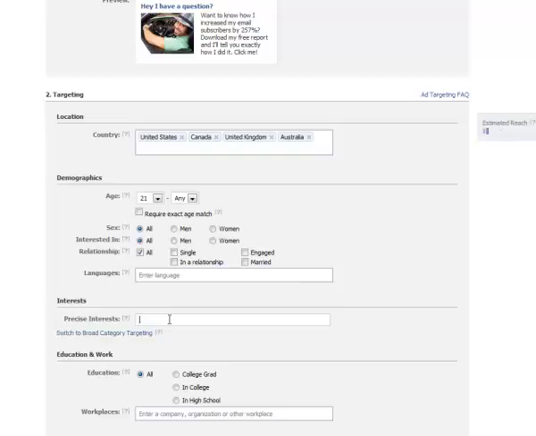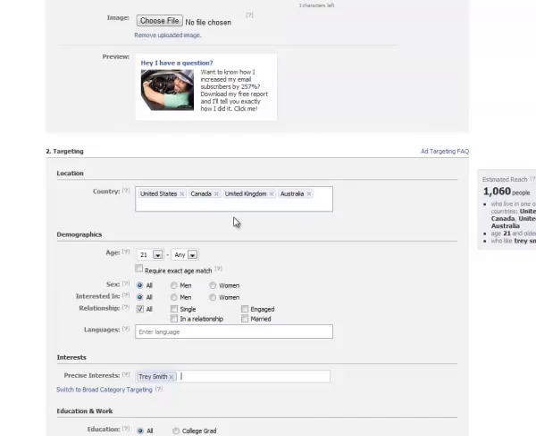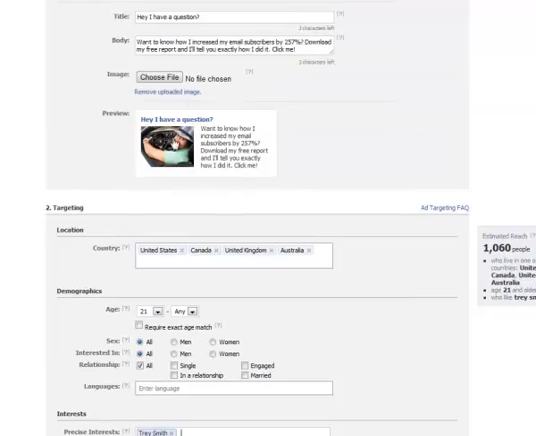Sometimes, if I wanted to target, let's say, good old cousin Trey Smith, he has 1,000 people. And if I wanted to, I would have my title say, hey, are you fans with Trey Smith?